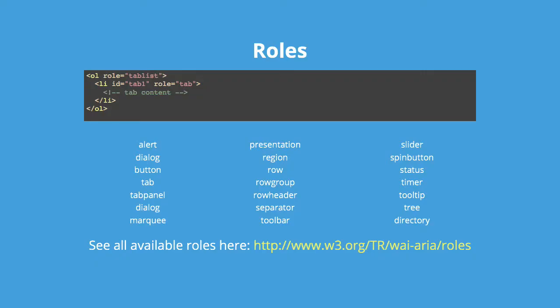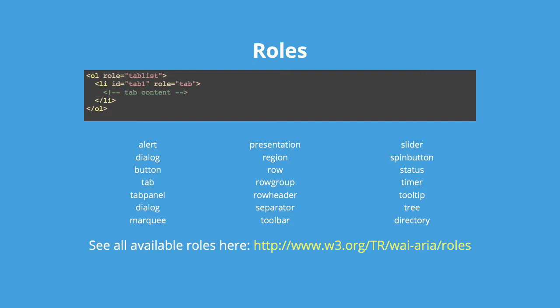But programmatically, the device is not able to figure out this is a tab list. And we have an understanding of what a tab list is. It's one of the predefined widgets that ARIA defines and understands. And so you can use tab list as a role because it's one of these predefined items. Again, they're all at this URL.